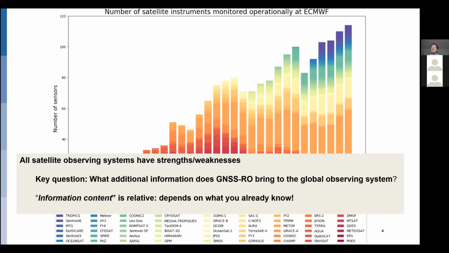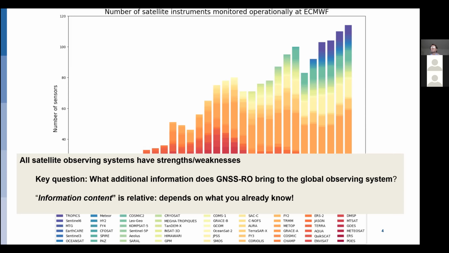And then when you get a new data set, you have to ask yourself, what does it really bring to the global observing system, the data we already have, that wasn't there before? Because information content is relative. It really depends on what you already know.